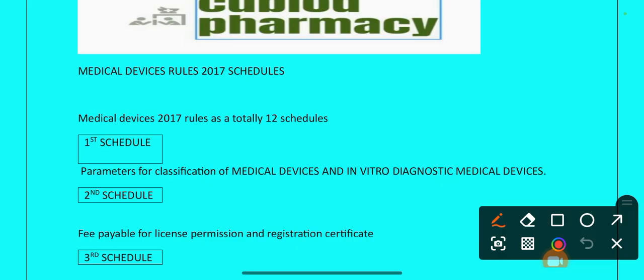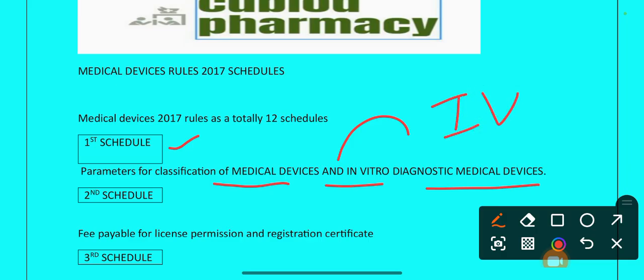Schedule 1. What is Schedule 1? Schedule 1 gives the parameters for classification of medical devices and in vitro diagnostic medical devices. It defines the parameters for classifying medical devices and in vitro diagnostic medical devices based on risk, from low to high.